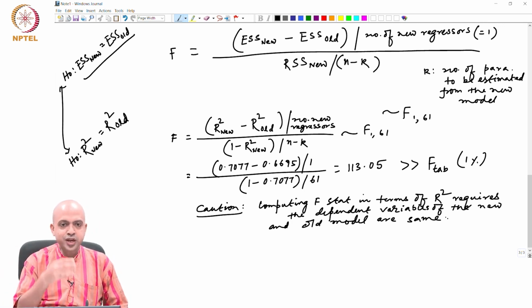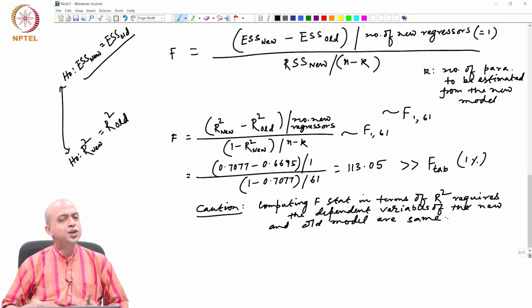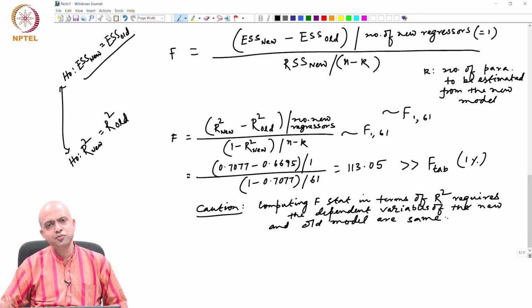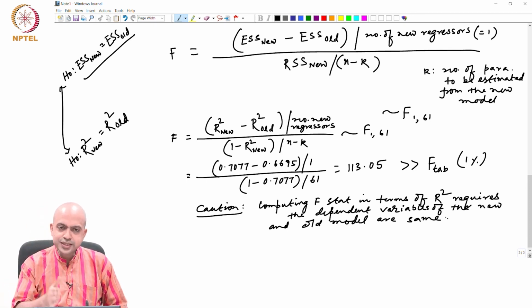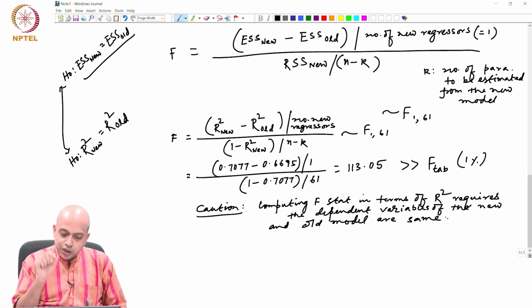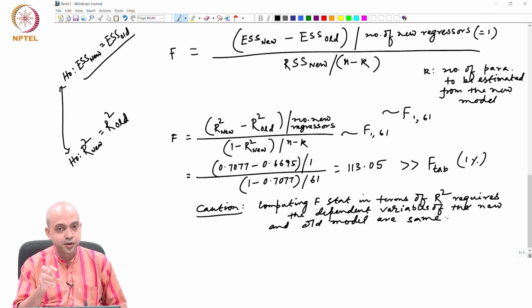So, whenever you are computing any statistic using R square, a cautionary note is that we must ensure the dependent variables of the two competing models are the same.